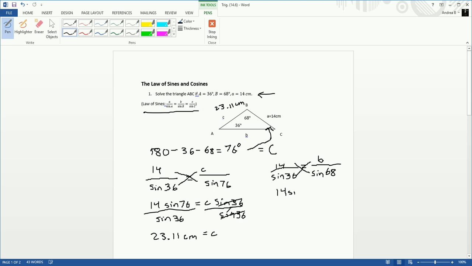times the sine of 68 is equal to b times the sine of 36. And then like we did before, we can divide both sides by sine of 36 to get the b by itself now.